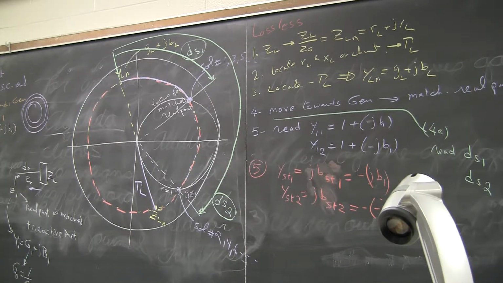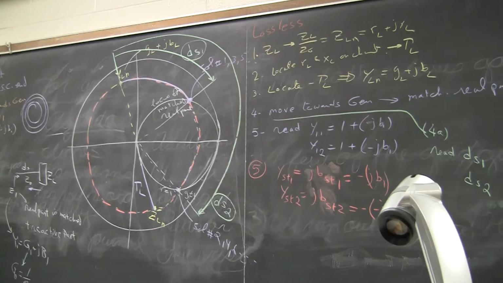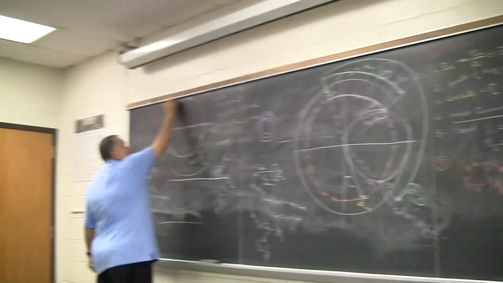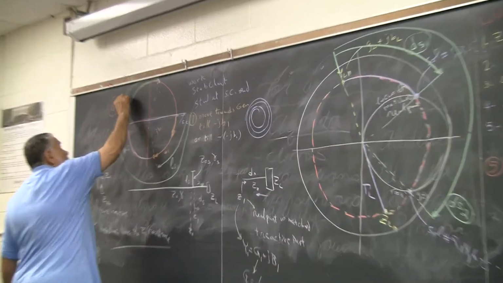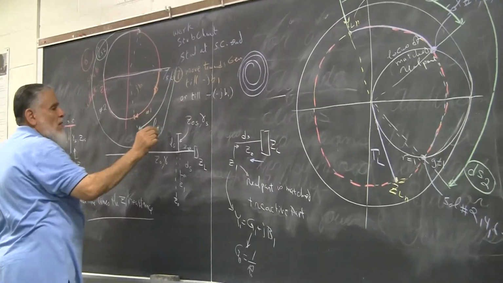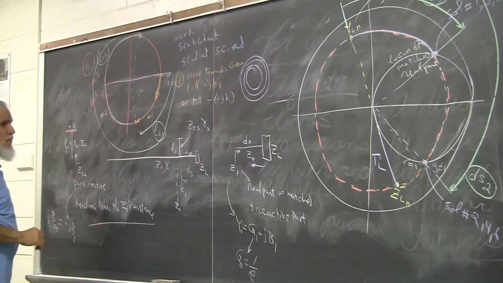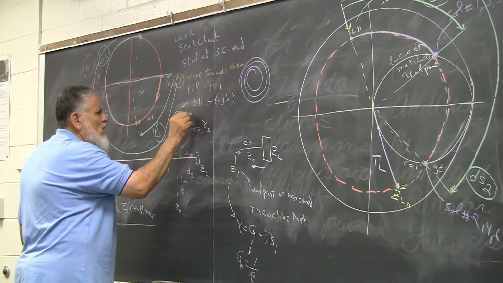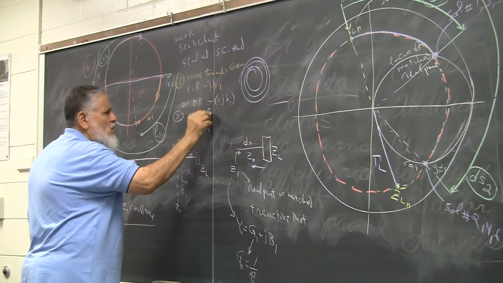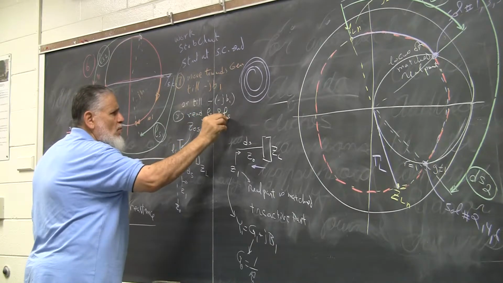That's LS1. How much is LS2 from here all the way to there? LS2. So step 8, read LS1 and LS2.